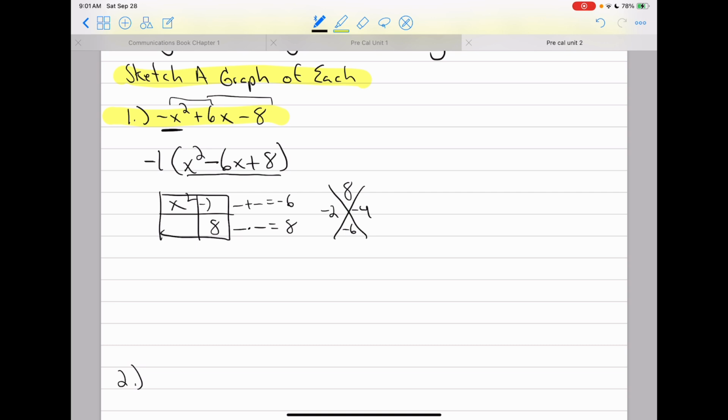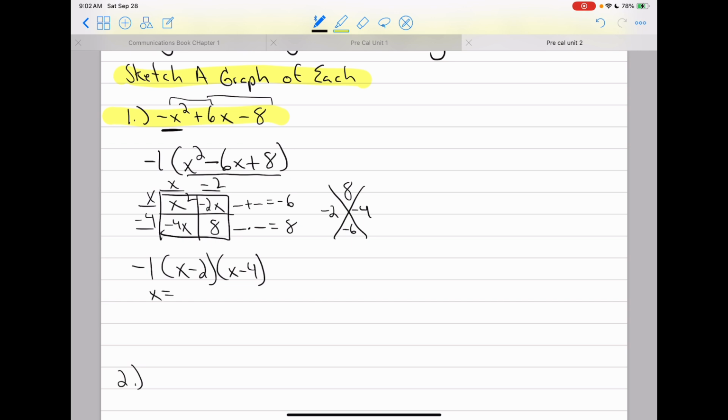So I factored this and I get x minus 2 times x minus 4, and I know the whole thing is negative.